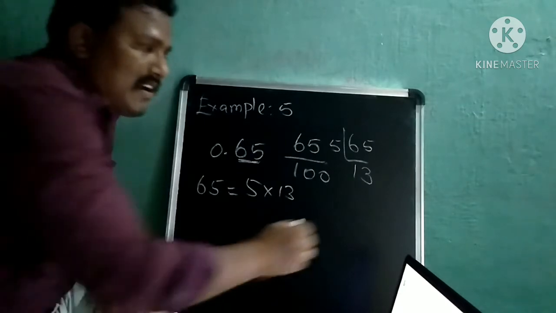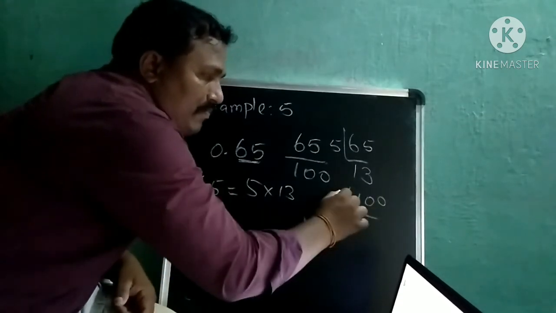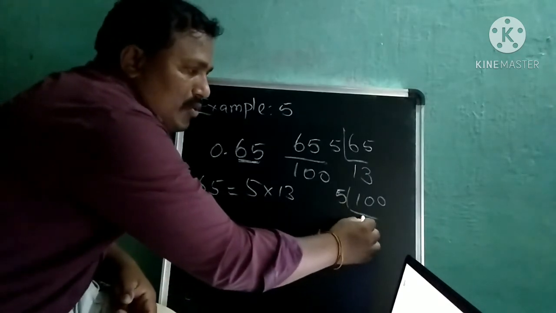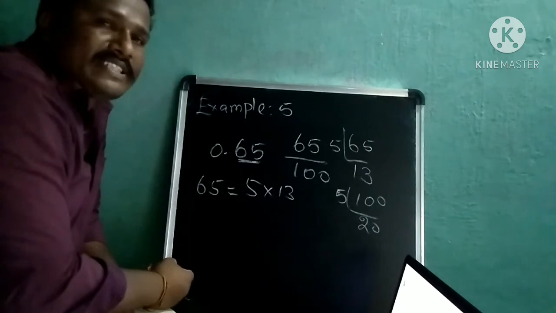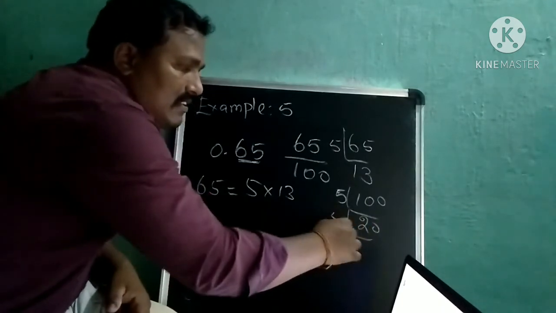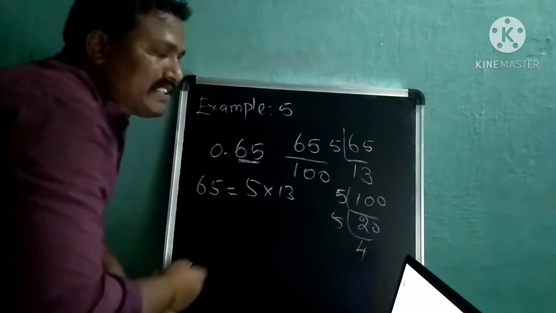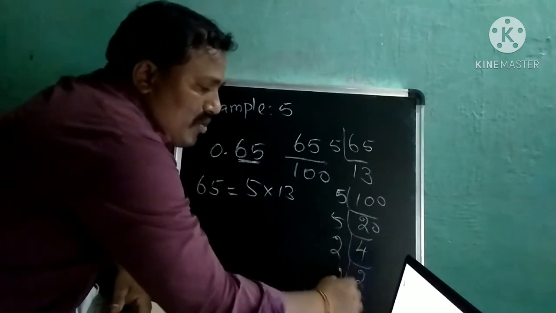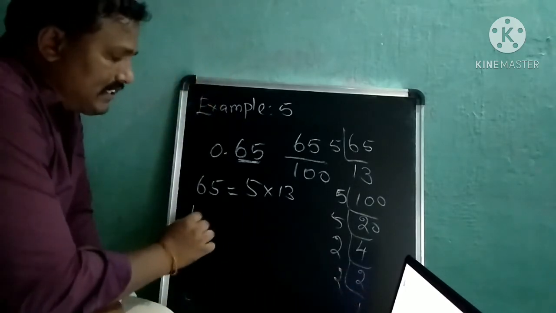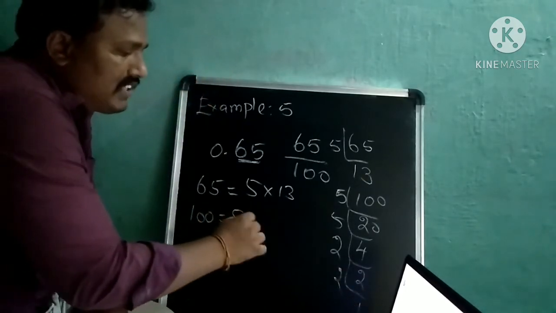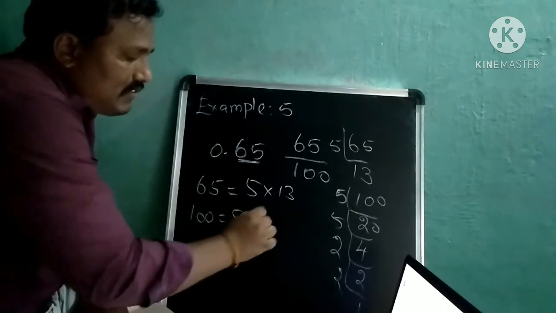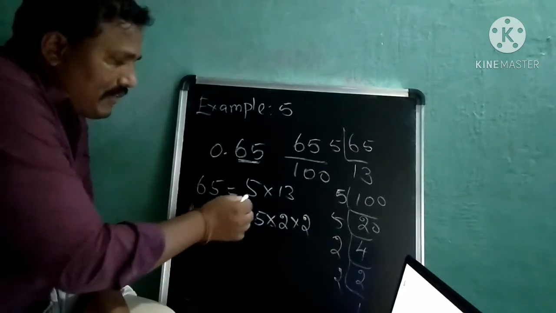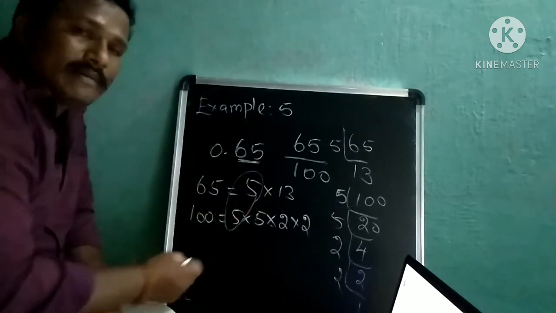Then you have to find the factors of 100. 5 20s are 100, 4 5s are 20, 2 2s are 4, 2 1s are 2. So 100 is 5 into 5 into 2 into 2. If you look at it, 5 is the common factor of both.